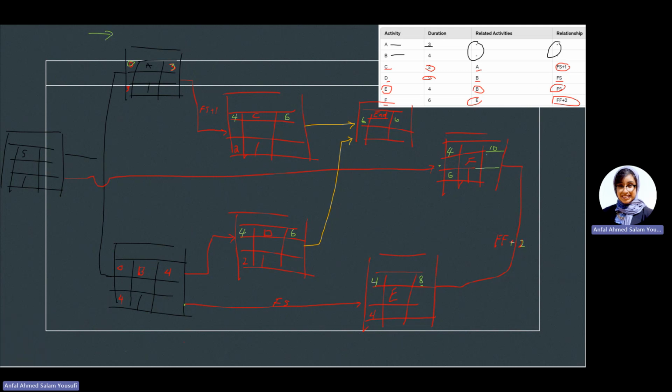So let's do F. Yeah, I still need to have one line going from here to here, and it will not be 6, it will be 10 because we're going to take a bigger number.